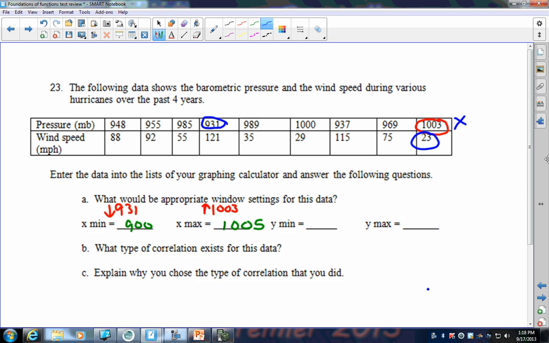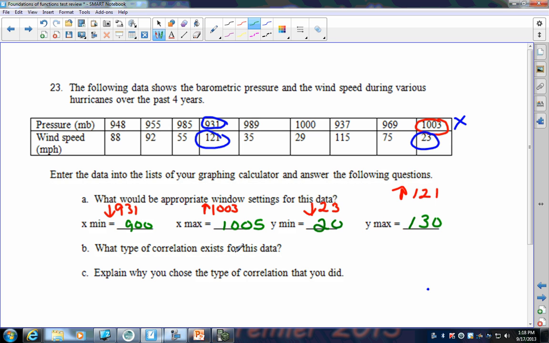So anything that is less than 23. I'll just go with 20. Y maximum, the largest one is 121. It's got to be anything bigger than 121. I'll go with 130. Why 130? I don't know. It was the first number that came to me that was bigger than 121.